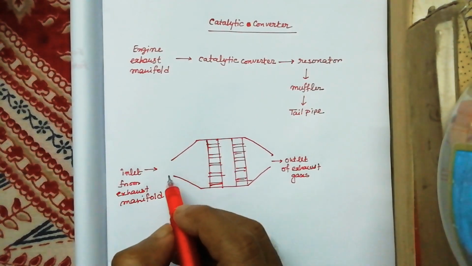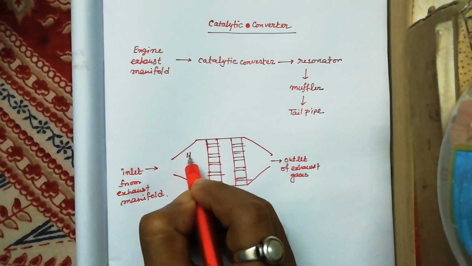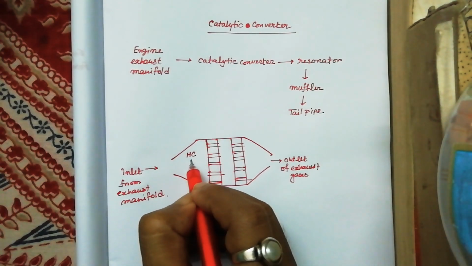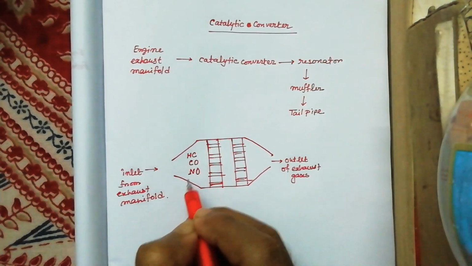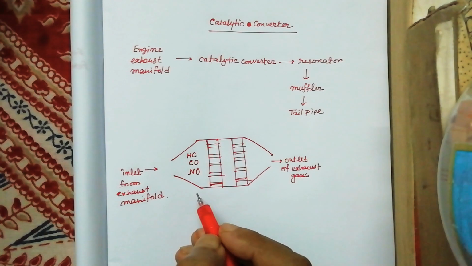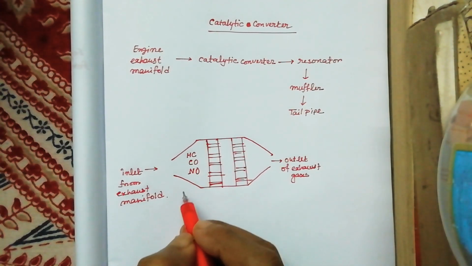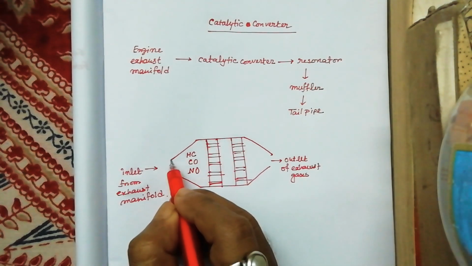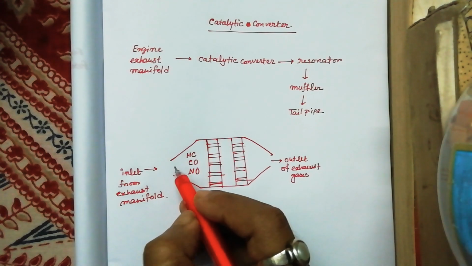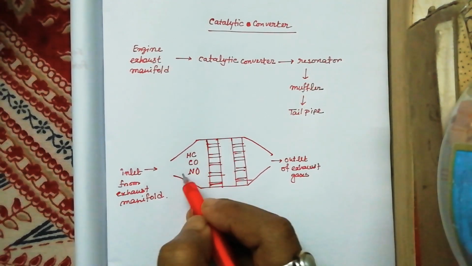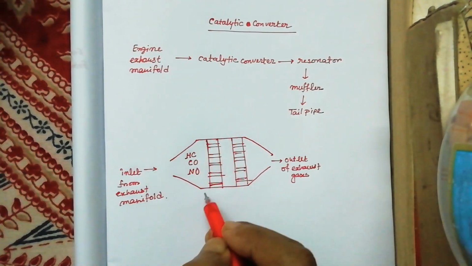And what are the main pollutants here? You can say the hydrocarbons, carbon monoxide, and the oxides of nitrogen, NOx. There is also some smoke and sulfur dioxide. But with the help of the catalytic converter we can reduce the harmfulness of these three only.